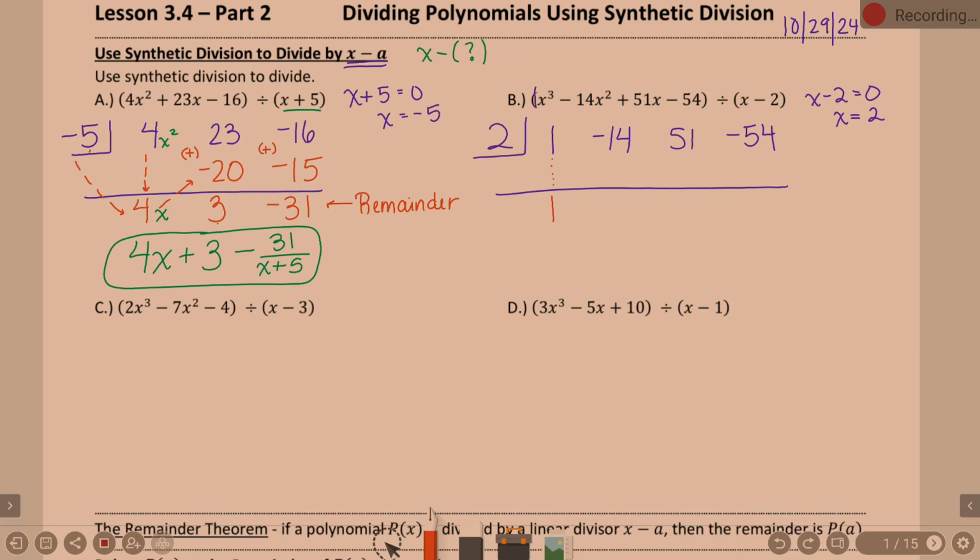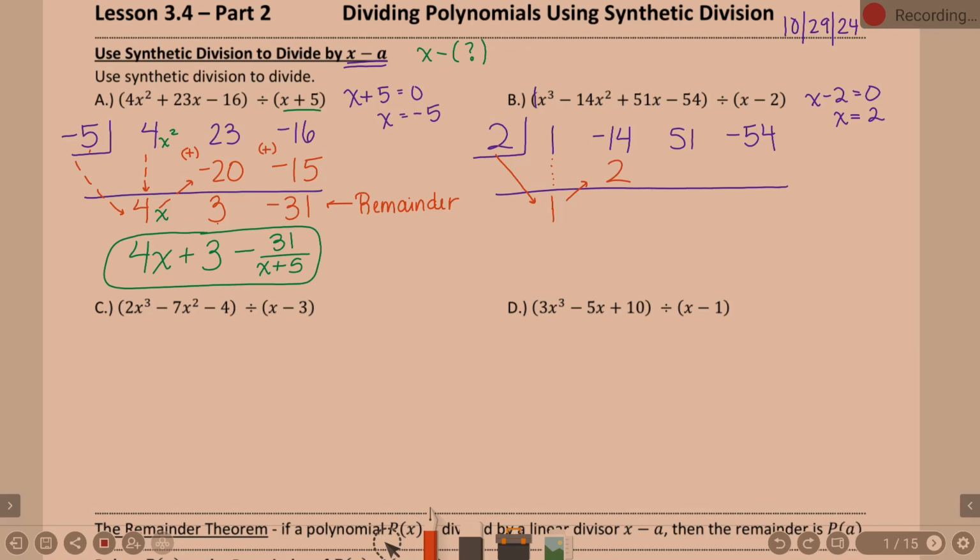Then, once you drop that first number down, the step is multiply. We always multiply by what's in the box. So 2 times 1 is 2. And that goes up above the line in the next column. What do I do with negative 14 and 2? We're going to add, yes? It's always multiply, add, multiply, add, multiply, add. Don't let that be confused with long division though, right?